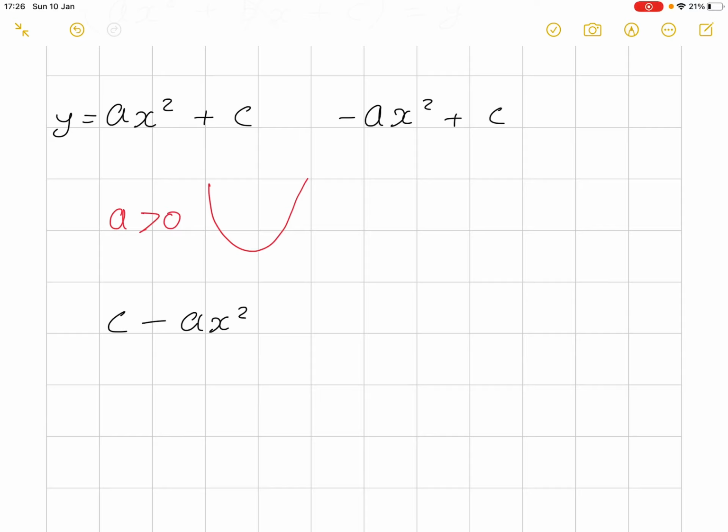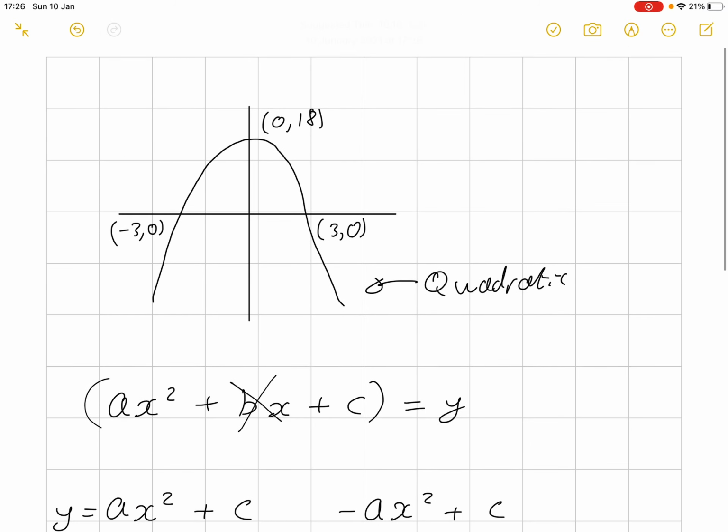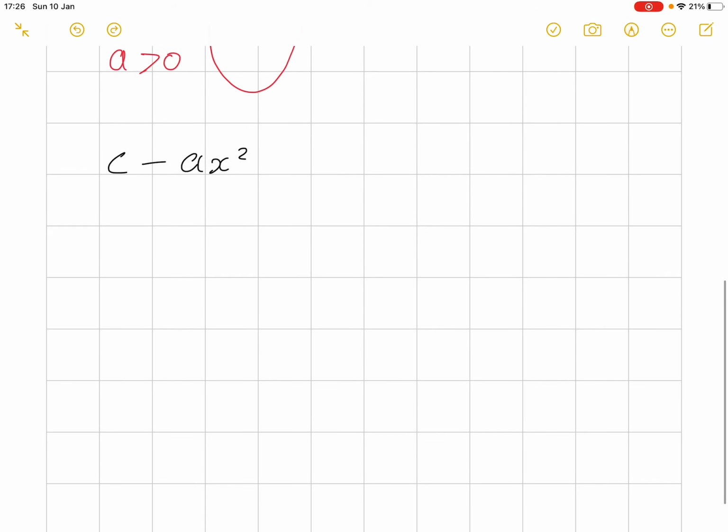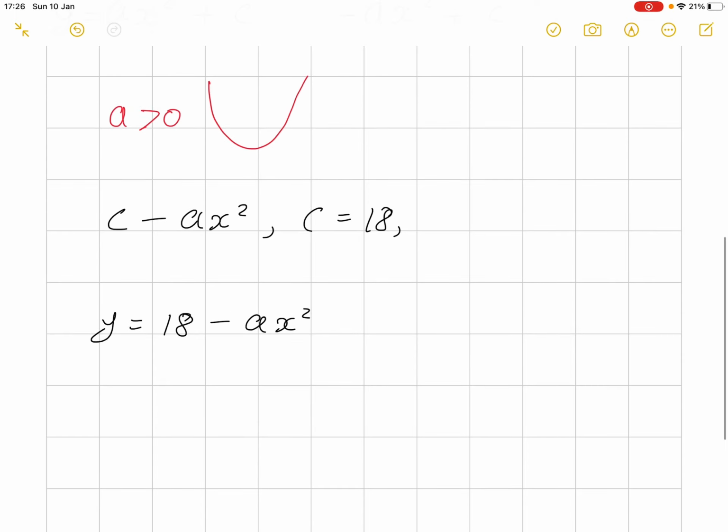And what is c? Well, quite obviously, we've shifted this graph up by 18 units. So c is 18. So we have that y is equal to 18 minus ax squared. But how do we calculate a?